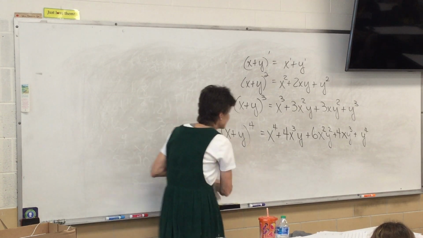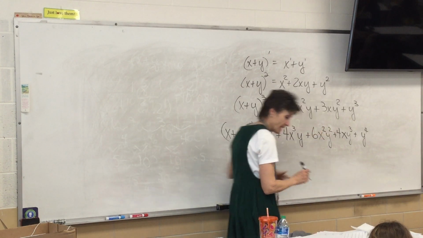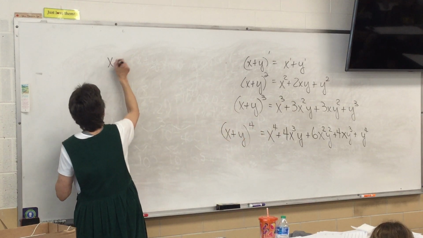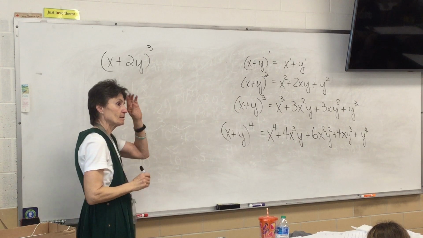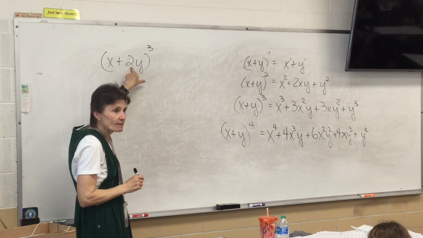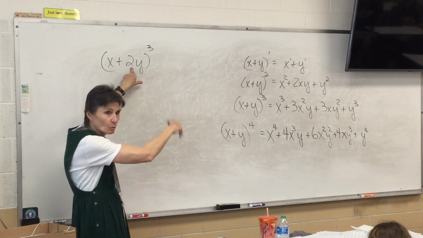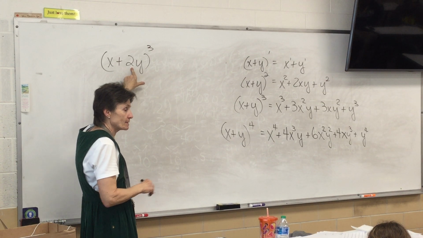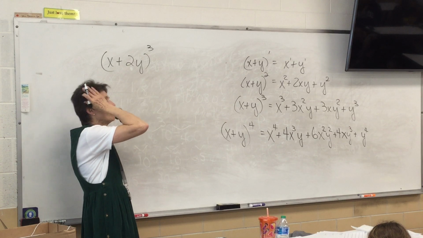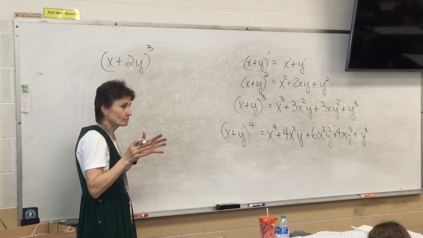All right, what's a little different about this problem? X plus 2y to the third. What's different about it? That guy right there is different. Was that in any of my last work? Okay, he's different. All right, let's stop. What do we know? Well, it's to the third power.